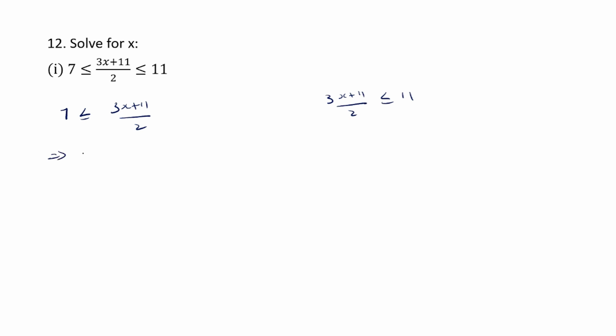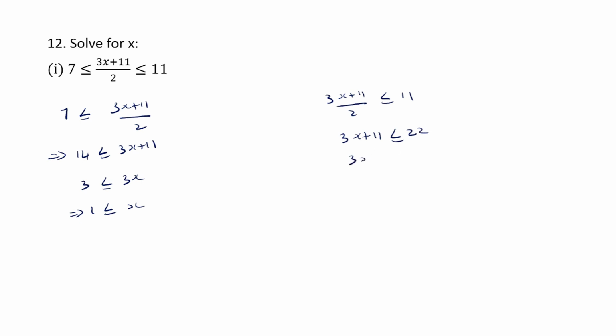If we transpose 2 to the other side, we get 14 less than or equal to 3x plus 11. Taking plus 11 to the other side, 14 minus 11 is 3, so 3 less than or equal to 3x. If we divide by 3, 1 less than or equal to x. From here we have 3x plus 11 less than or equal to 22.